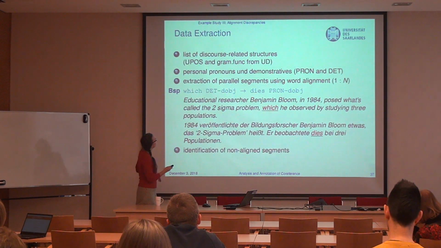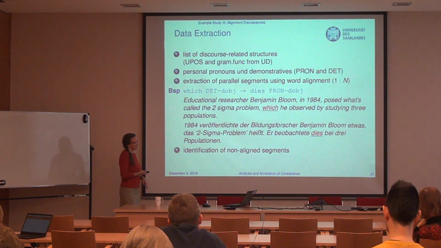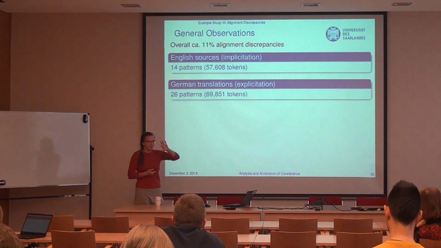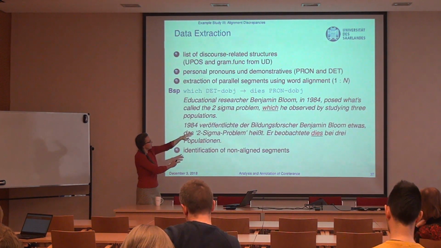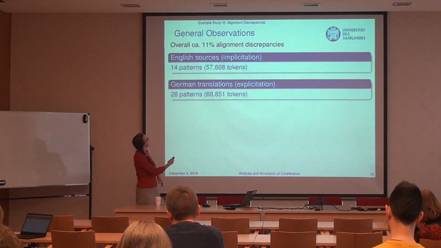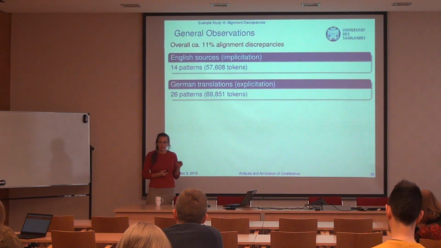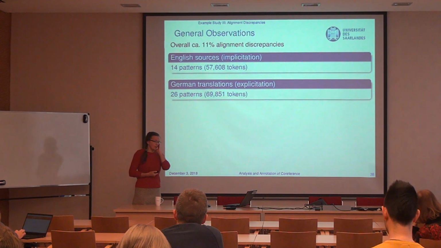More or less. So this was the identification of non-aligned segments. As I said, it worked on both sides: something here which does not have any correspondence there, or something here which does not have any correspondence in the source. In the English sources, we had 14 patterns. In the German targets, we had 26 patterns.